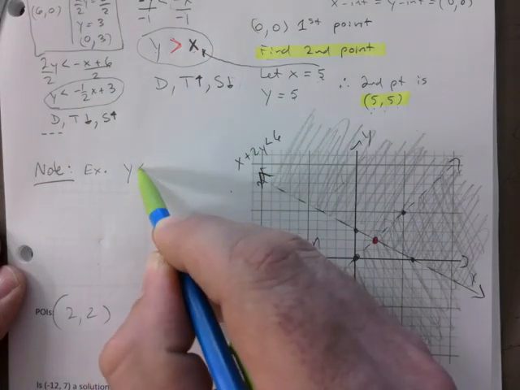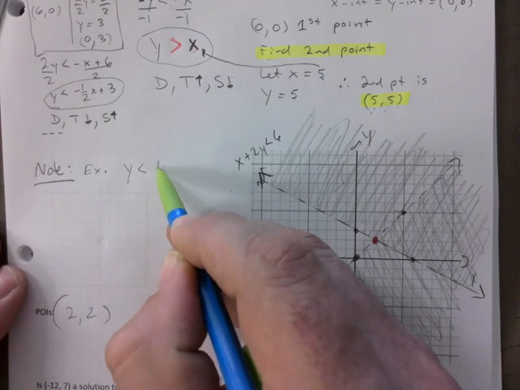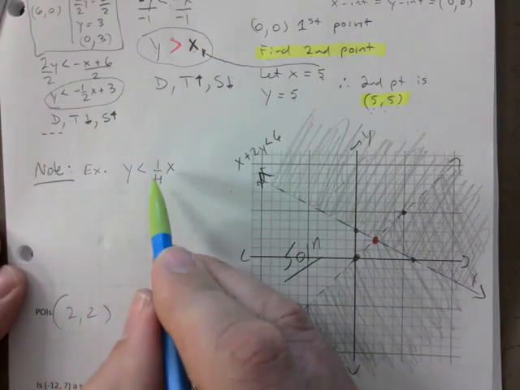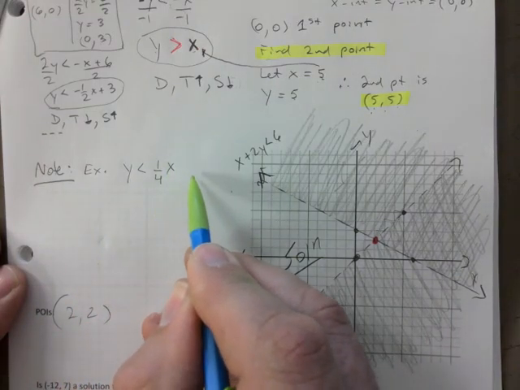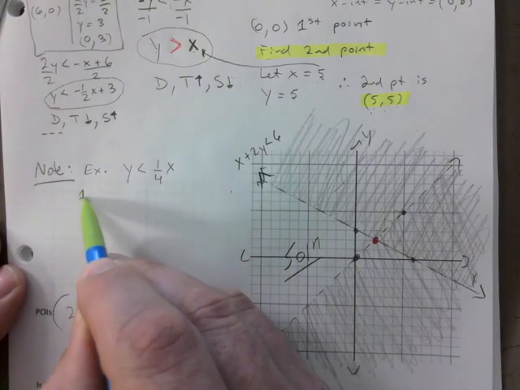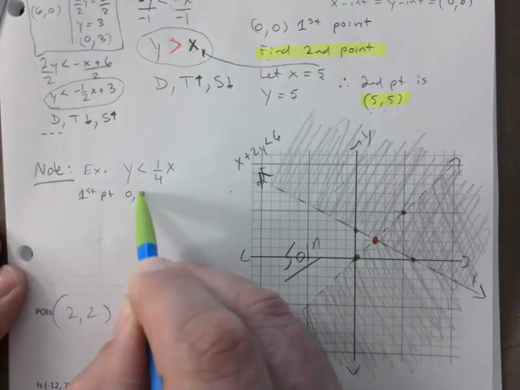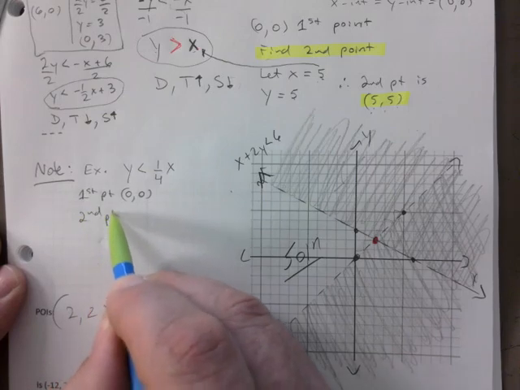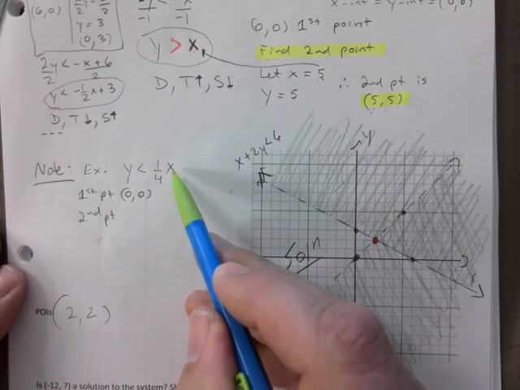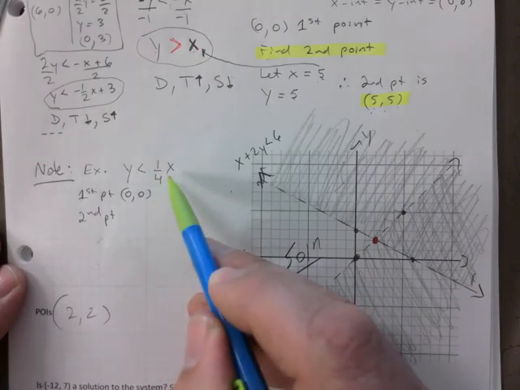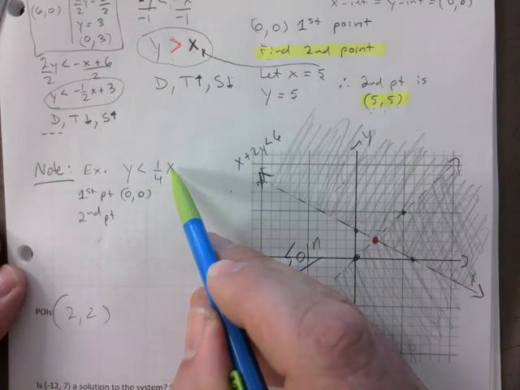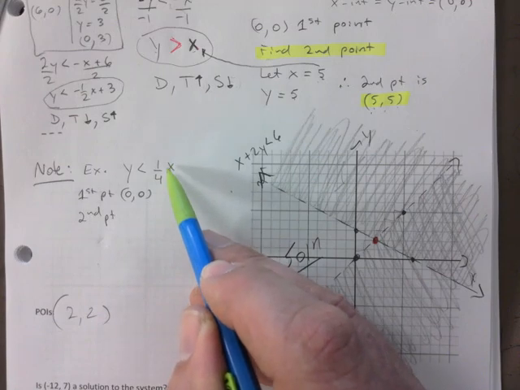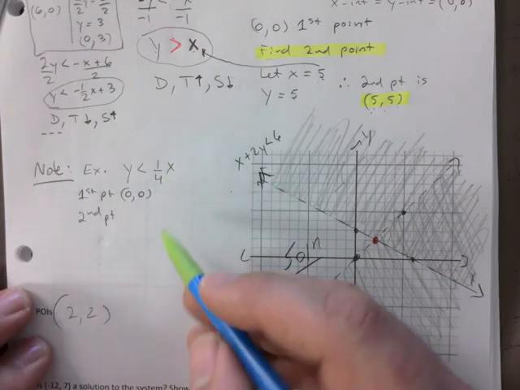You rewrite it, and there's no constant again, so first point will be 0, 0. Okay. Second point, what should you let x be in this case? What would be a smart choice for x? Pick 4, because if you have 4 here, it's going to cancel out this 4 over there.